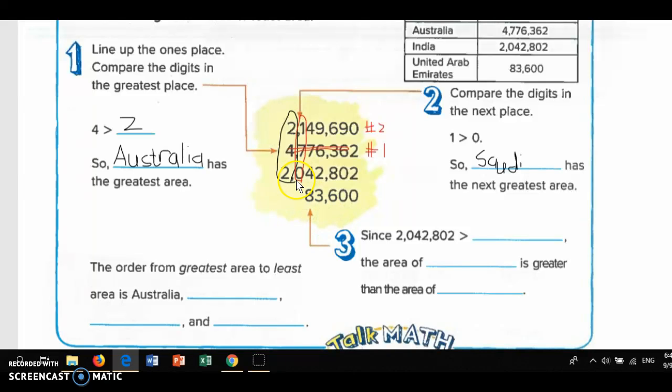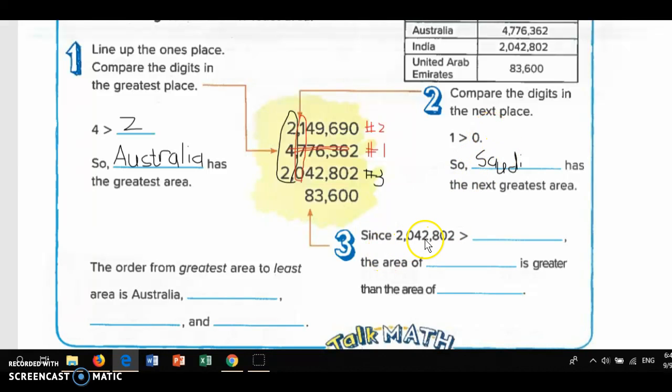Now, this one will be the third one because this one does not have 100,000. So which one is this one? It is India. So India will be the third one. India is the third biggest.